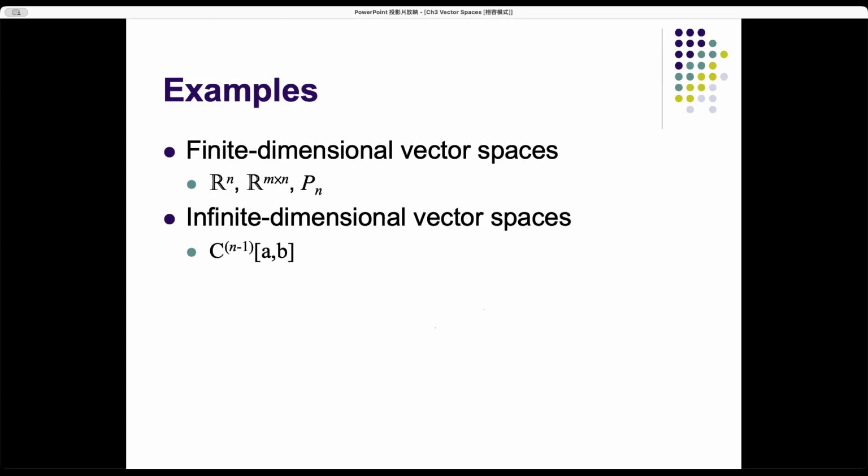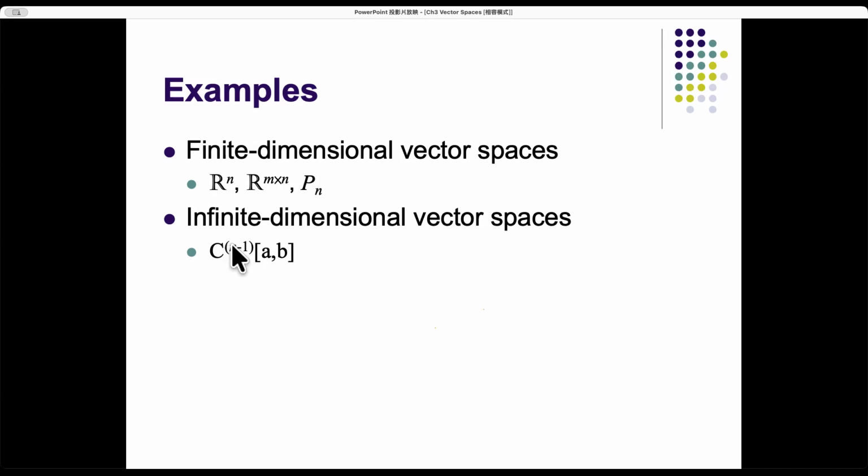And the only space that we have discussed so far that is not finite dimensional is C^(n-1)[a,b]. We talked about this as an example previously, because this one contains any function that is continuous over the range a and b.